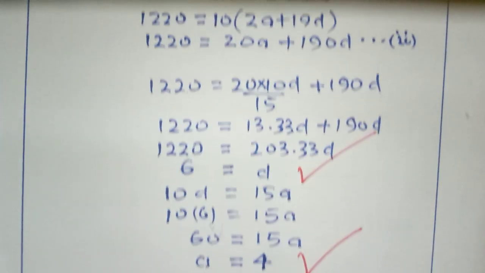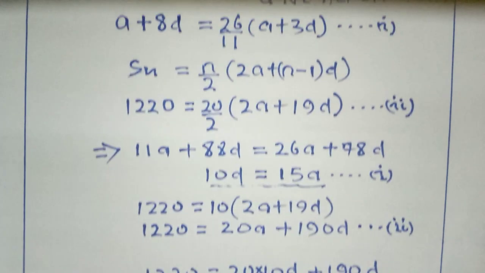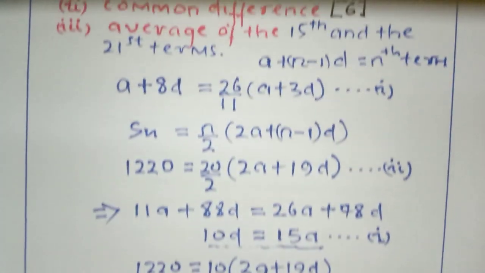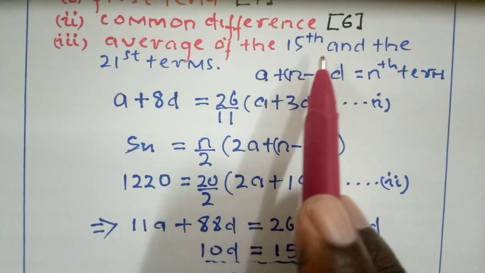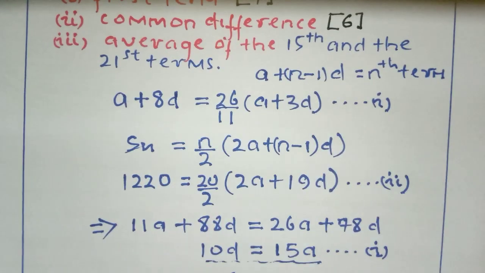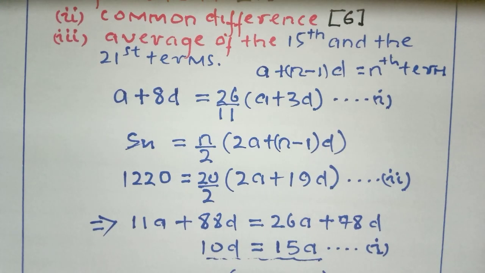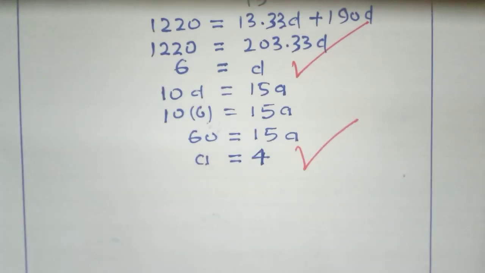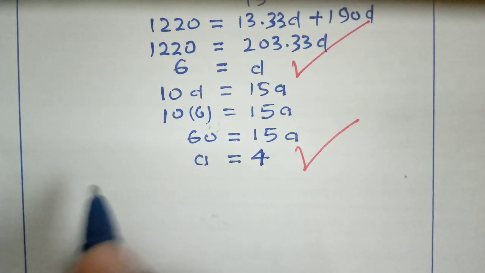So can you now attempt to do Roman 3, where it says the average of the 15th term and the 21st term? Maybe to help you to do that, for the 15th term, guys, you are going to do it like this.